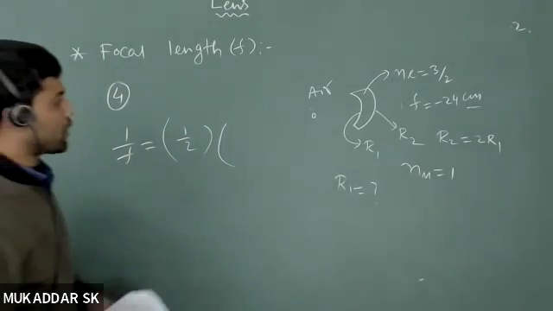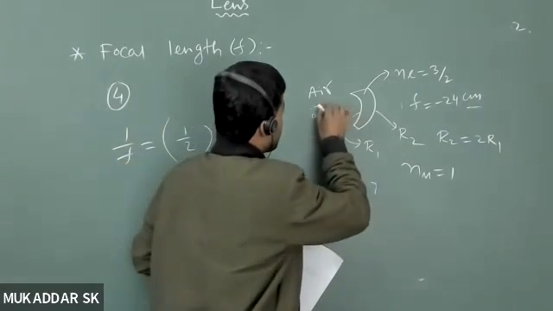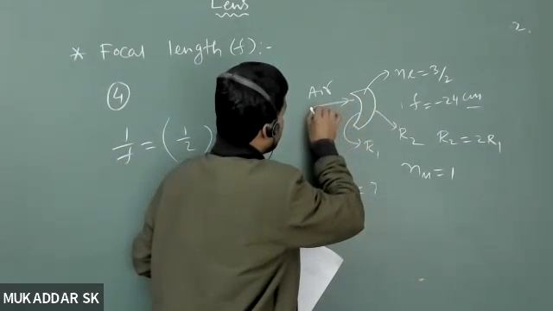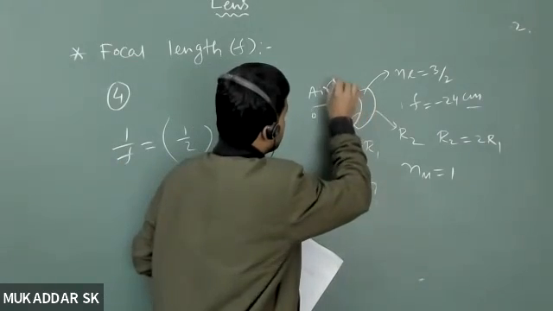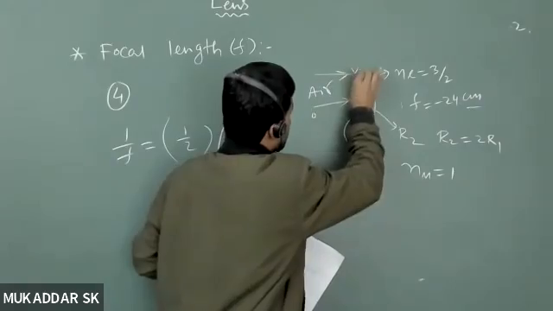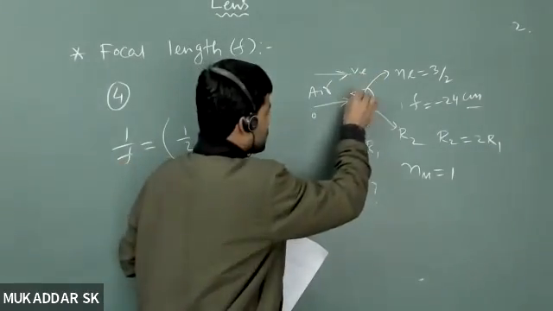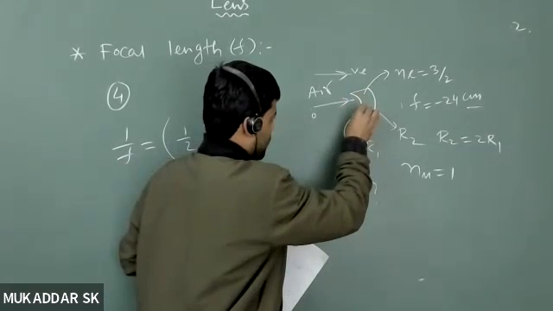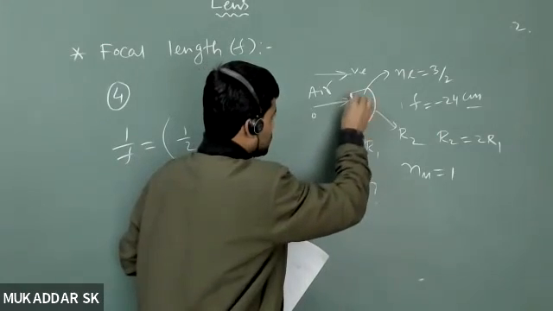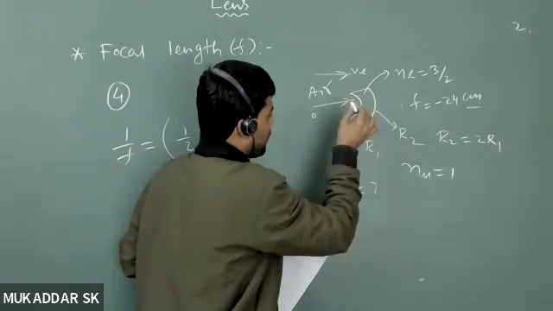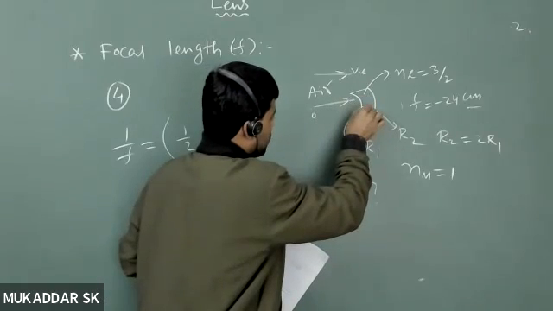So you see, now your ray is striking like this, right? You have a point object here, the ray is striking like this. So this direction is actually positive. Now suppose this is your surface, pole is somewhere here, and suppose the center of curvature of this surface is somewhere on this side. So you have to calculate that radius R1.